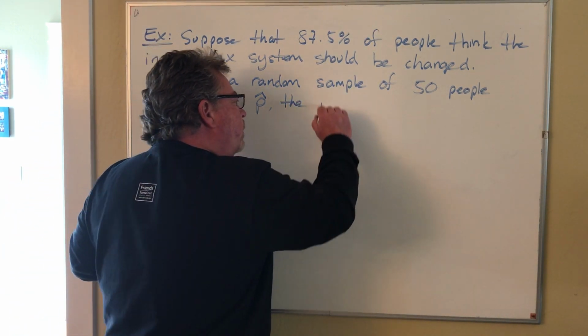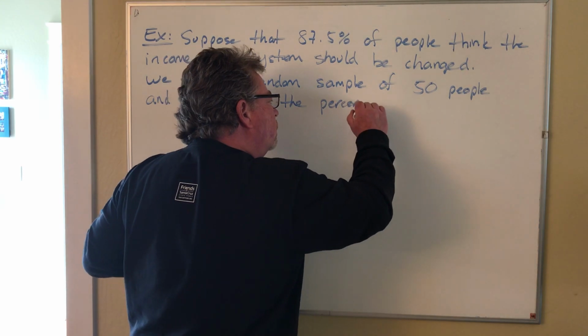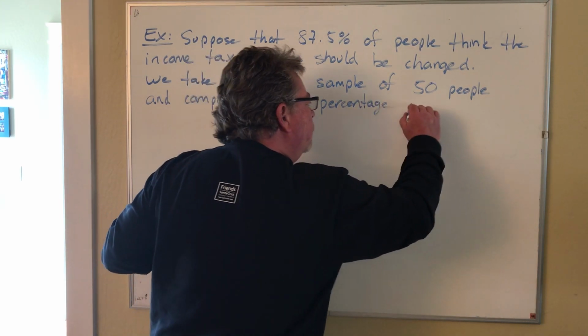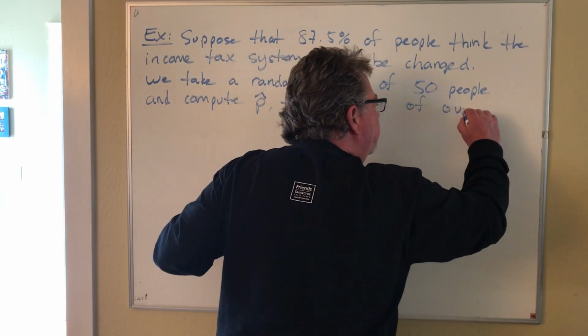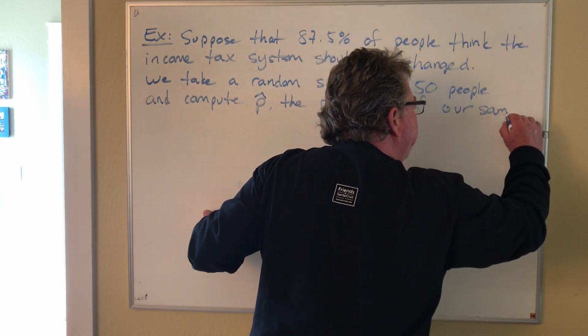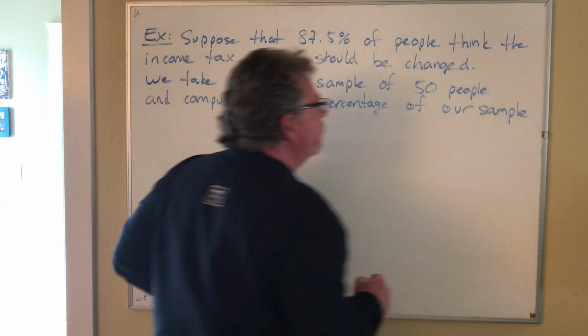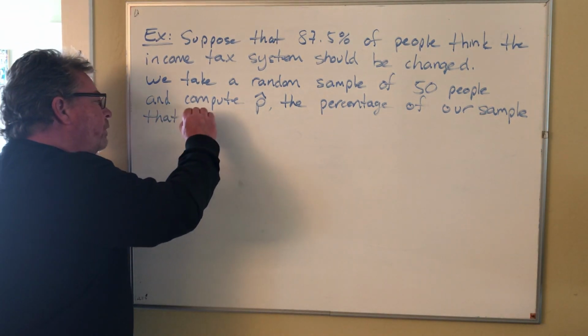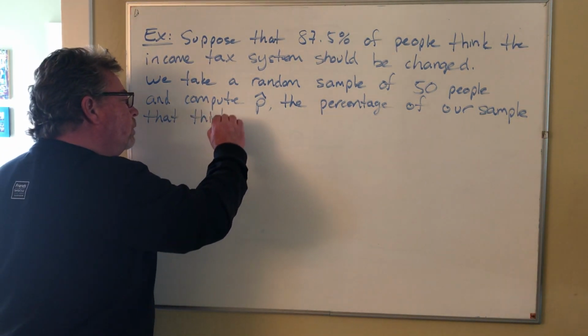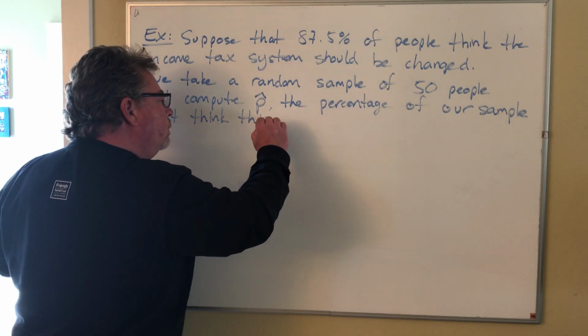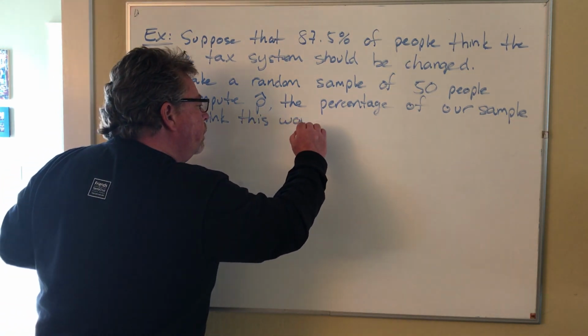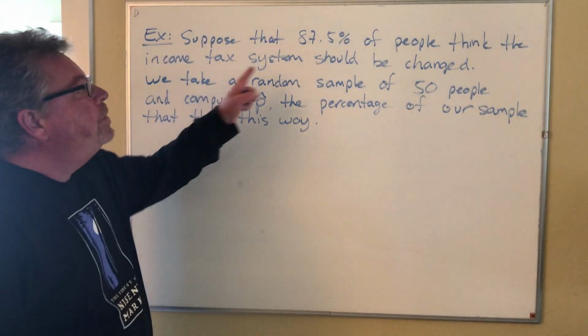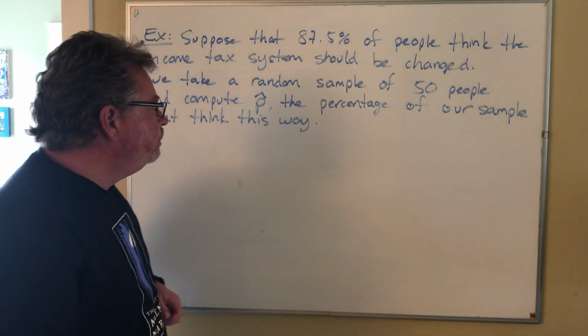P hat is the percentage of our sample that think this way, namely, that the system should be changed.